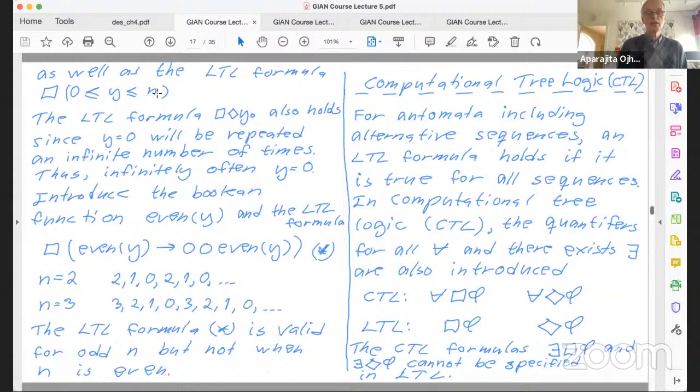But if you take n equal 3, you see that you go from an odd to even to an odd, even. Then the question was in 2 steps. It's valid for odd n, but not when n is even.